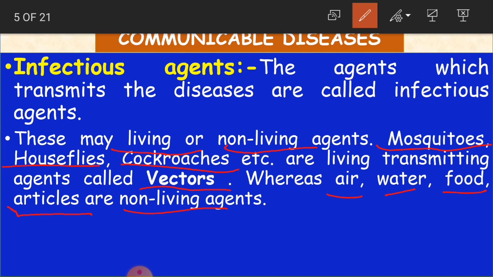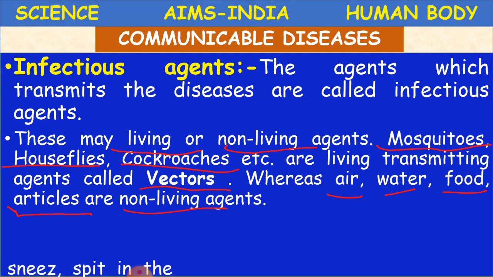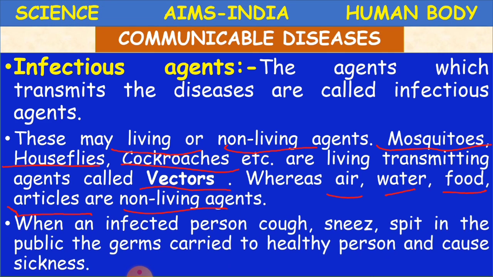Clear? Yes. Mosquitoes, houseflies, cockroaches, you must always be very careful about these creatures, children. That is why we have to maintain cleanliness in our surroundings so that we don't get these agents and we will have a healthy body.